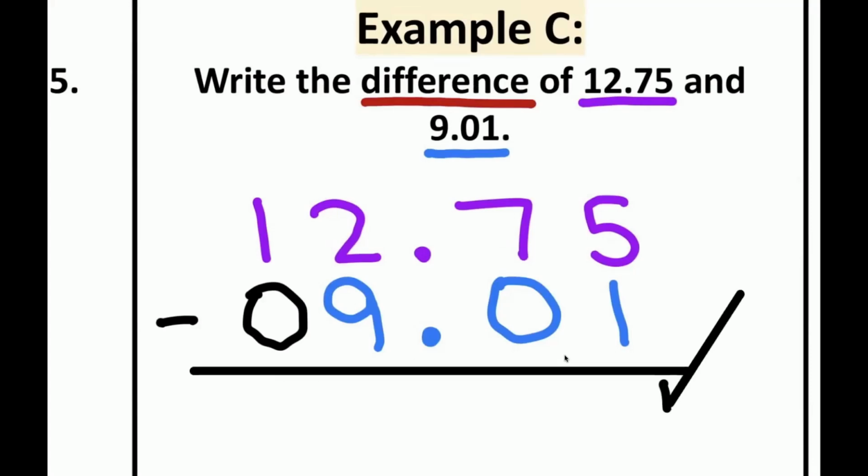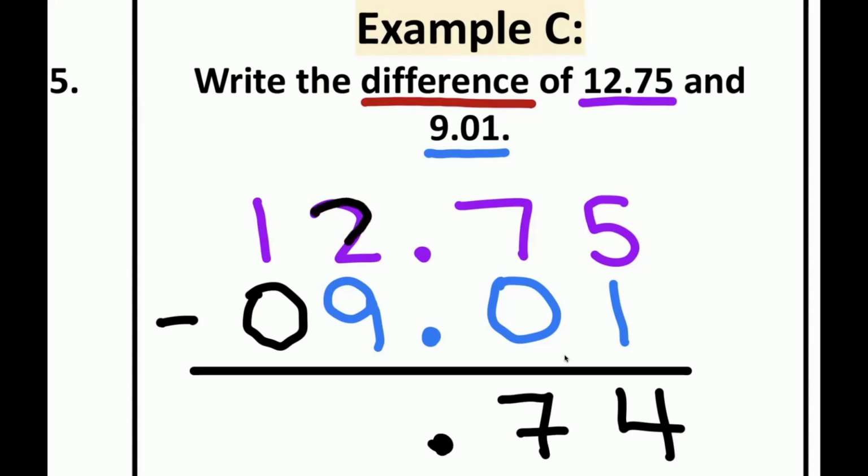And then once again, we'll start on the right-hand side. 5 minus 1. Well, if I have $5 and I spend $1, that gives us $4. 7 minus 0 is 7. Bring down the decimal point. If I have $2, I can't spend $9. I don't have enough money, so I need to borrow. So I'm going to move one number to the left.